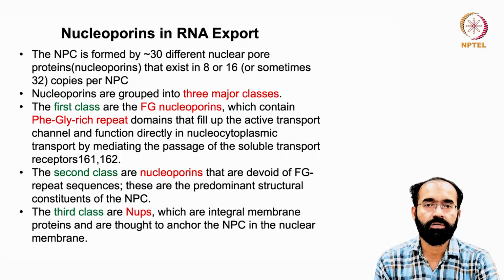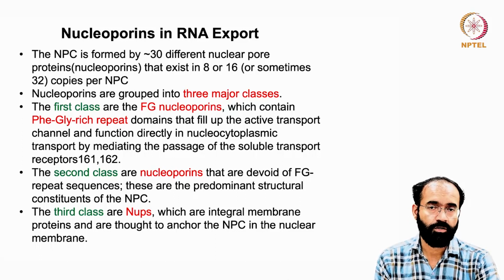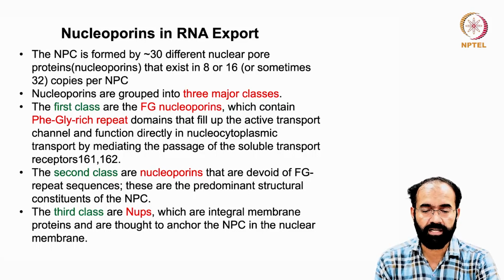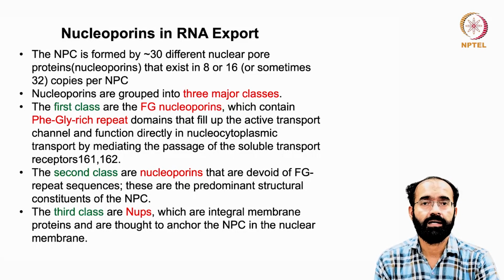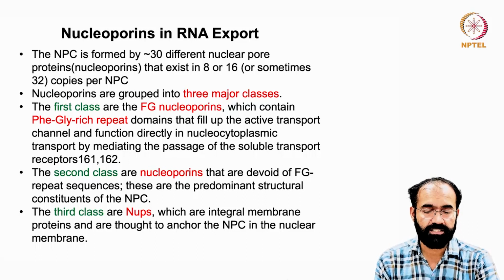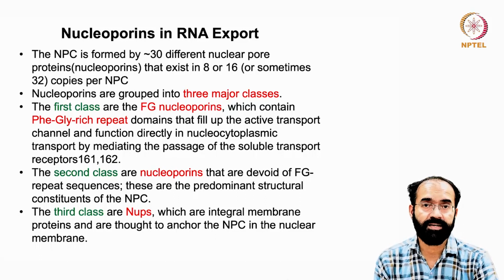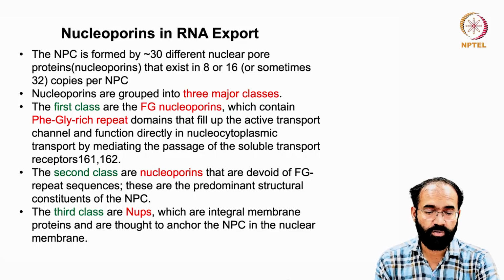Depending upon which cell type or which cell's nucleus you are talking about, in some tissues there will be active transcription going on, like liver or sometimes neuronal tissues, so they need more effective, more efficient migration. They may have more proteins associated.